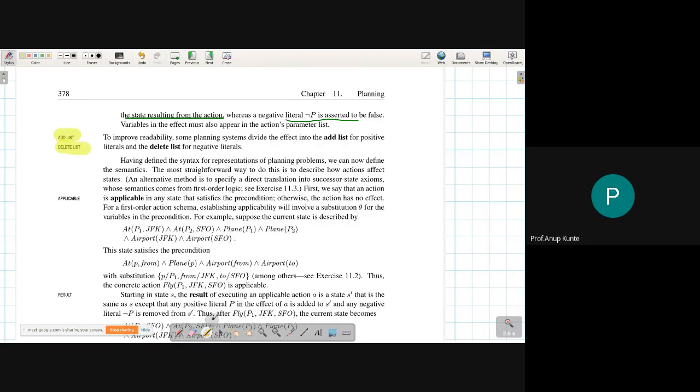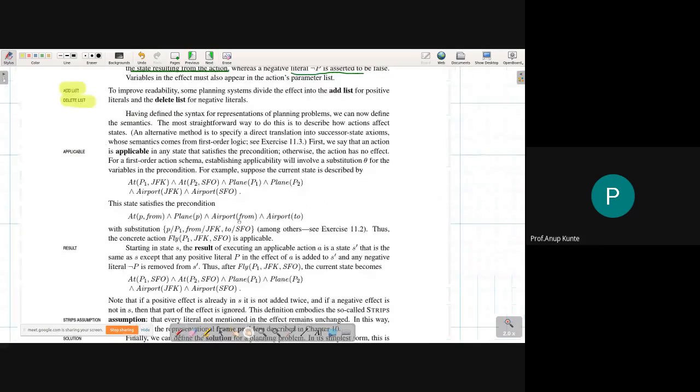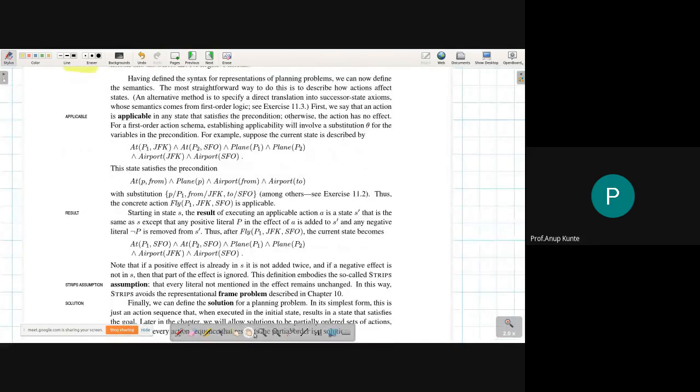Now the next thing that we need to understand is how these actions actually take effect. I have actually discussed this, but I'm going to go into a bit more detail. First, we say that an action is applicable in any state that satisfies the precondition. Otherwise, the action has no effect. Okay.